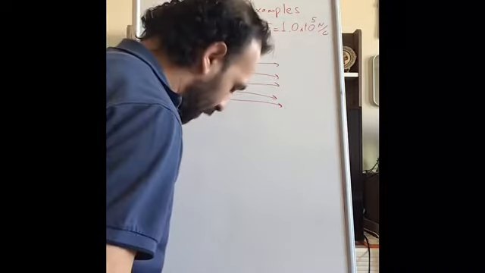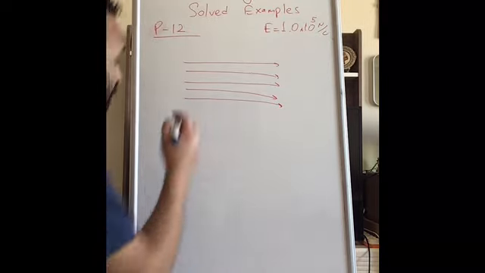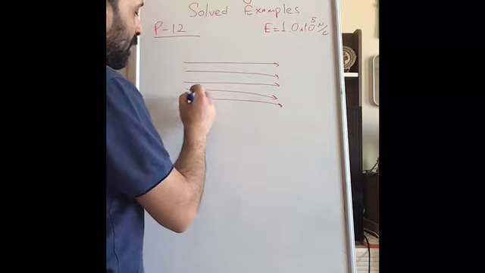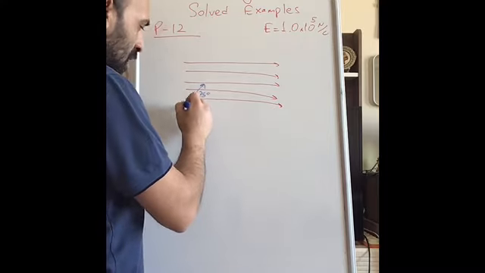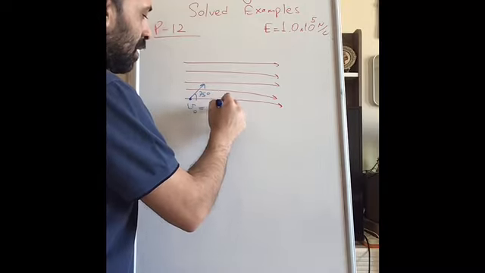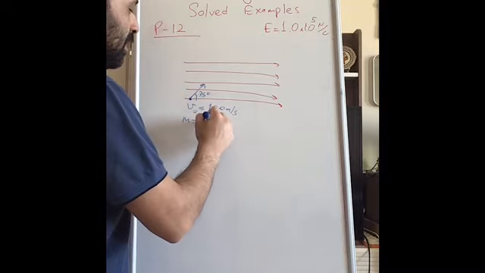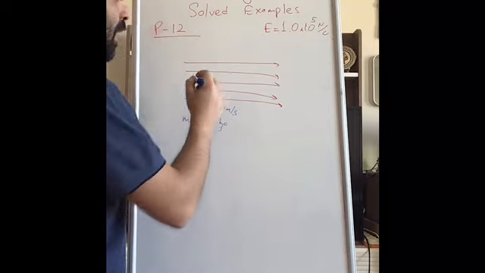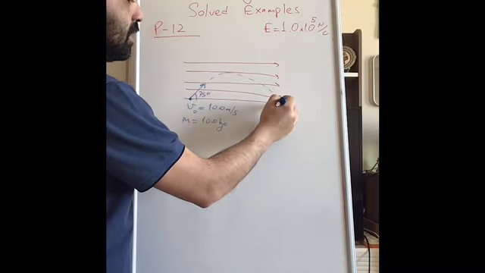And we are shooting an object of mass 10 kilograms from here in this direction, at an angle of 75 degrees with an initial velocity of 10 meters per second. It's going to move like this.